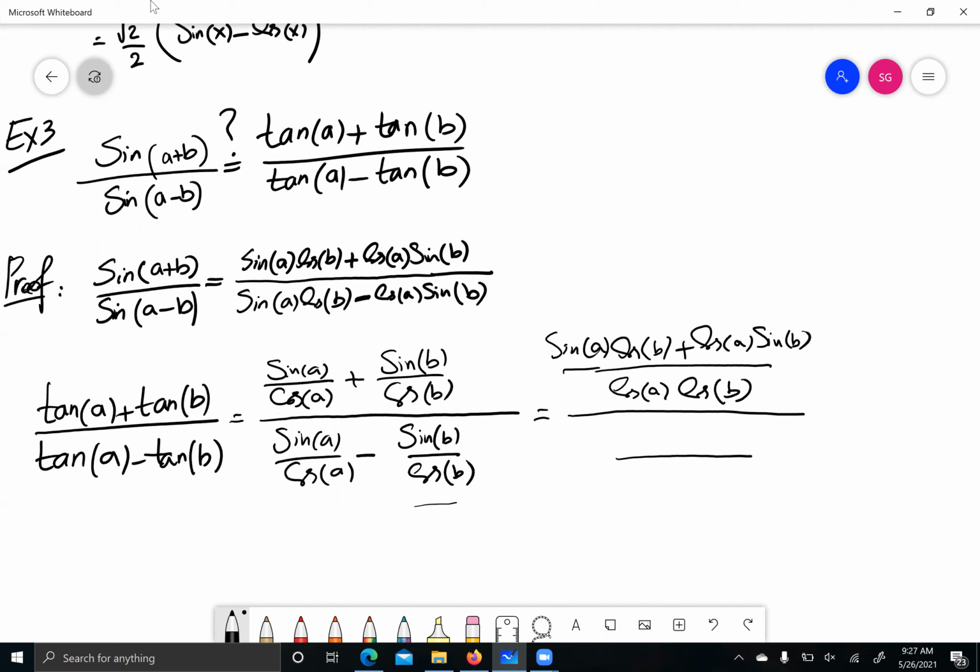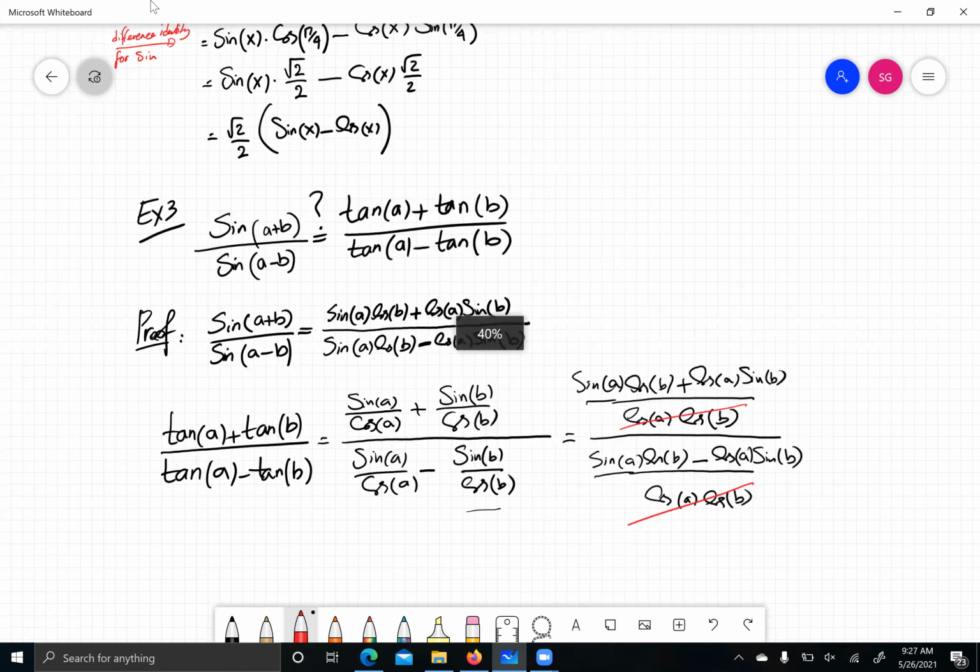Take the common denominator. It's going to be cosine of A times cosine of B. And then on the top, we should have sine of A times cosine of B minus cosine of A times sine of B. Okay, now we can cross these two, and that's it.